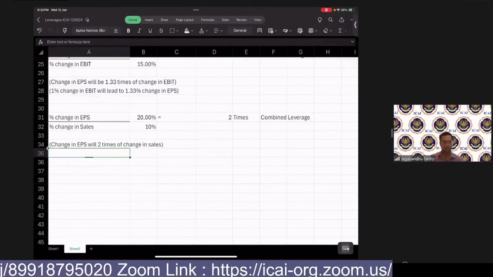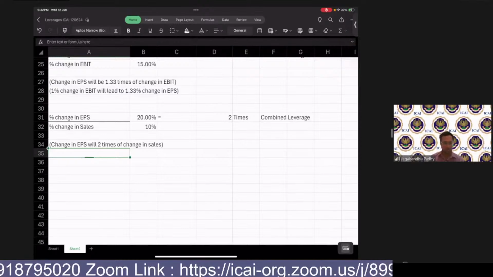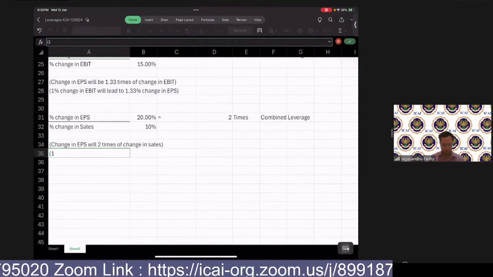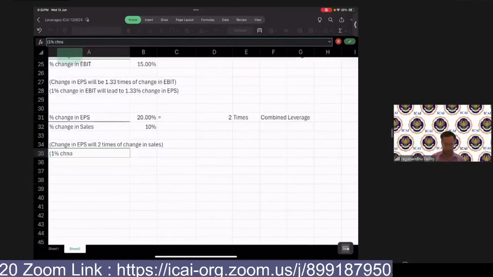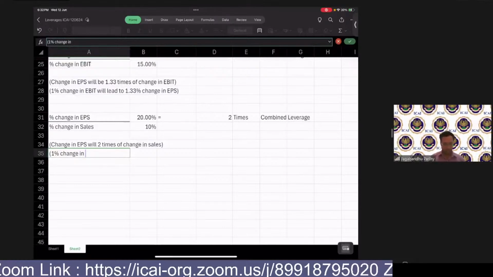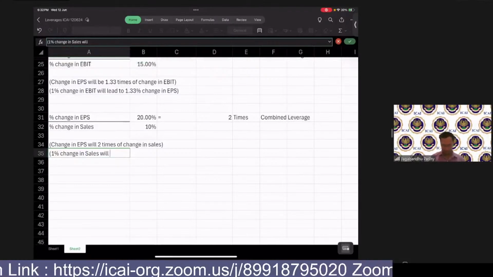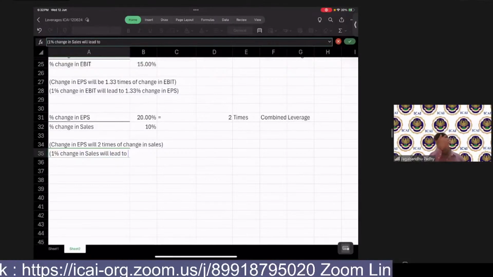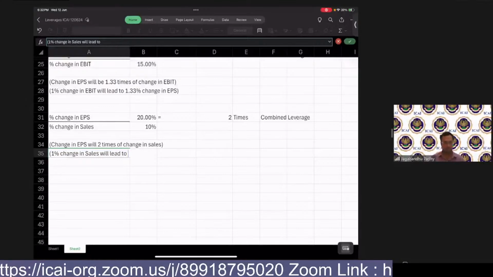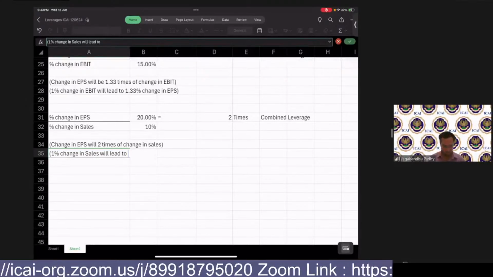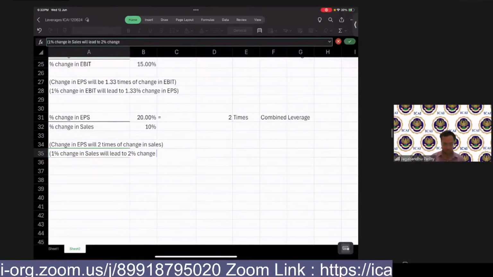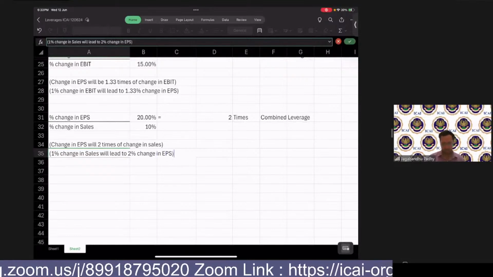You can also say that a 1% change in sales will lead to a 2% change in EPS.